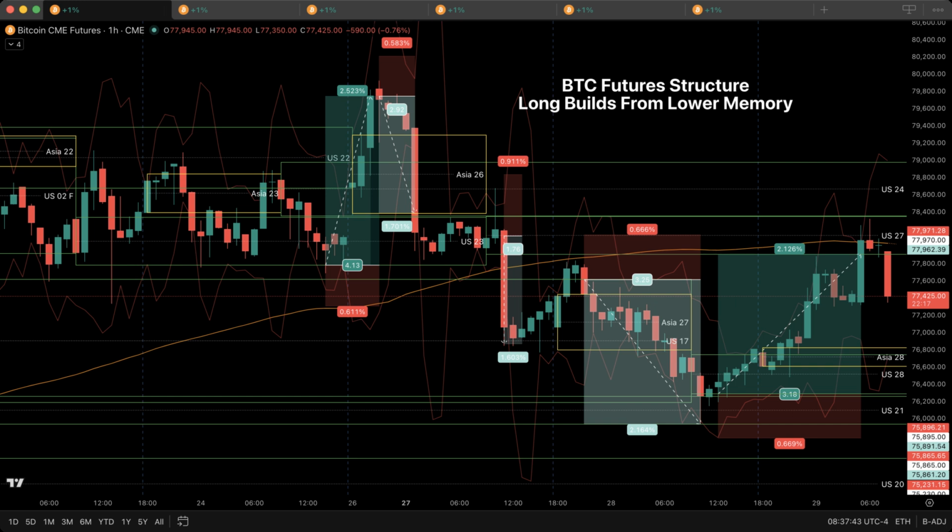Stops change because volatility changes. Targets change because memory changes. Trailing changes only after the trade earns distance. That is the entire method. Price reaches. It reacts. It either holds or fails. Then you act. If price fails above the boundary, you short.